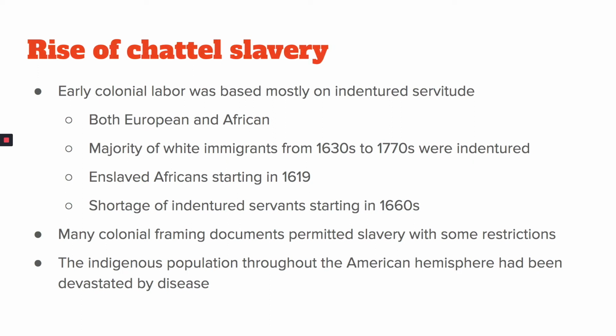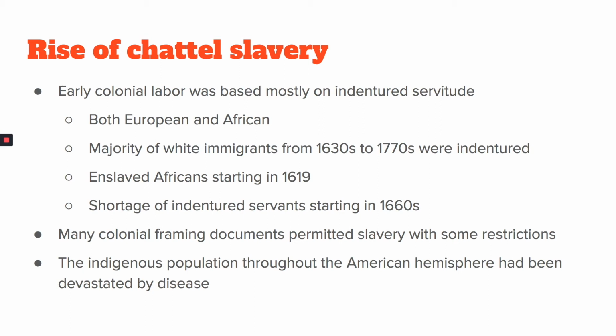And there are a couple of other things that are happening. The indigenous population throughout the American hemisphere had been devastated by disease and by European colonialism and harsh treatment. There were indigenous people who were enslaved in the American colonies.